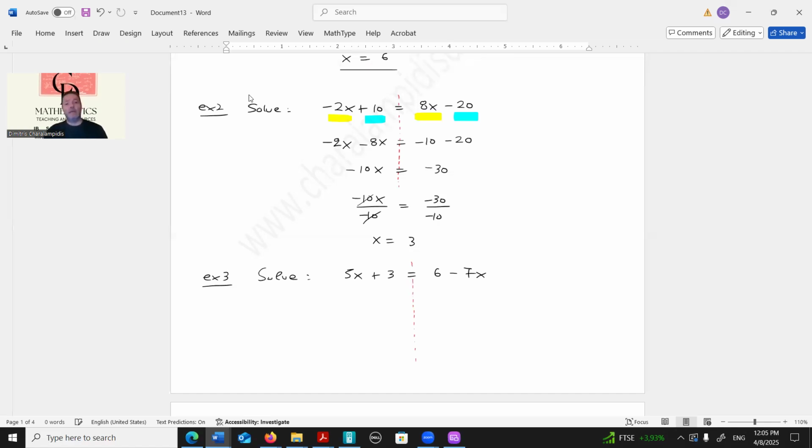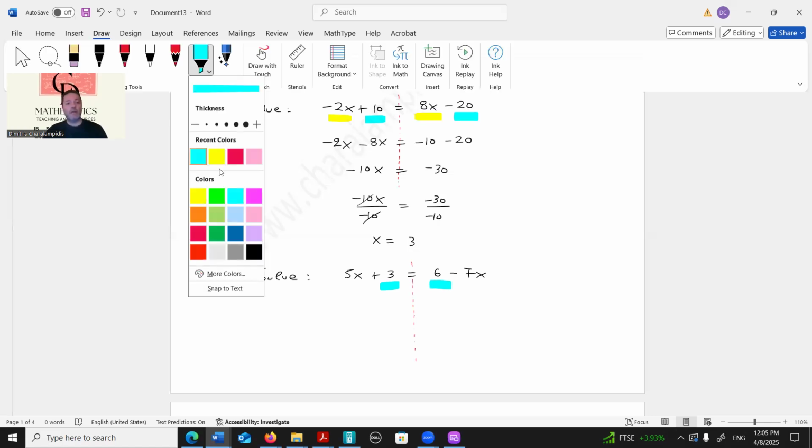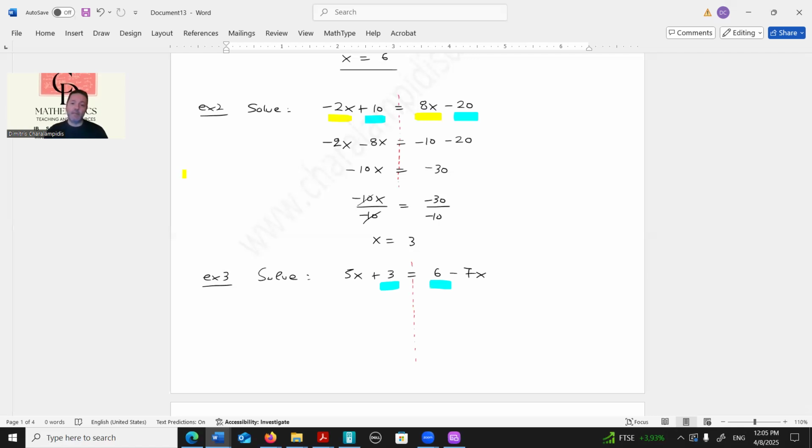And again, I will highlight the constants in blue and the variable parts in yellow. Of course, during an actual exercise or an assessment, or when solving homework, you don't need to highlight all that. We're doing math. But this is just to help us visualize the whole process.